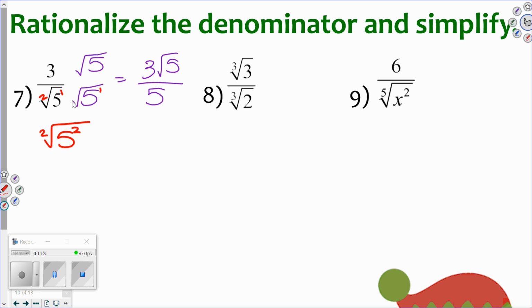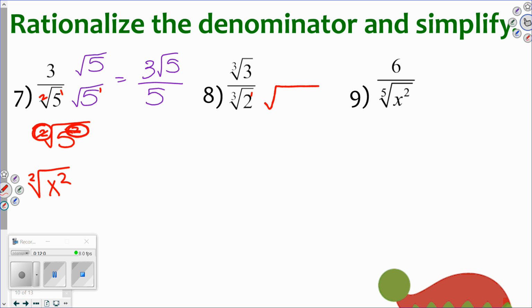It's just 5, because this and this cancel each other out, just the same way when you guys did the square root of x squared, you told me that's just x. So that's what I want. I want my index number and my exponent to be the same so that they, in essence, cancel each other out. Okay? So if I look at the next one, this is 2 to the first.